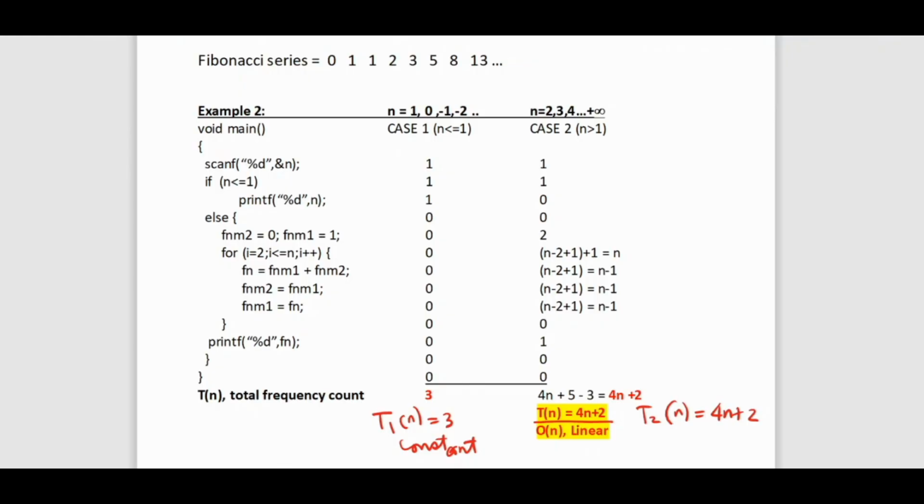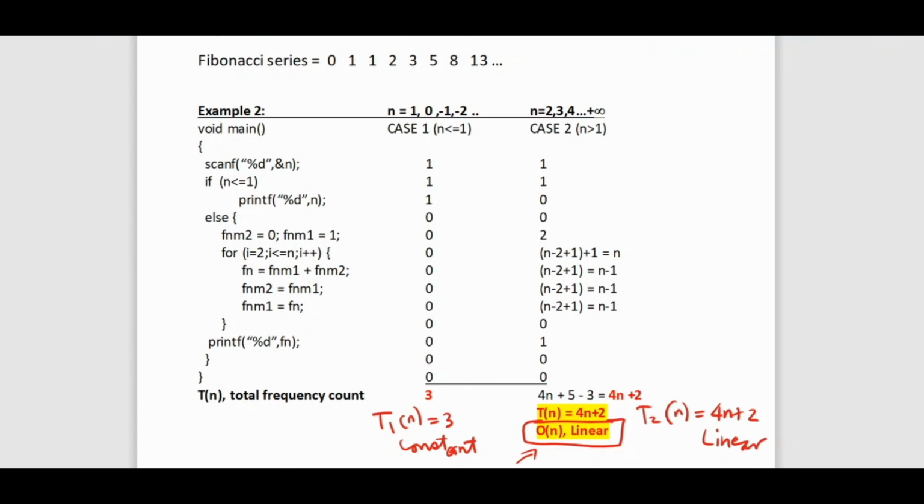And this is a linear running time. Now, the O of n denotes a more general approximation of the running time or the performance of the algorithm that measures not just the time complexity but also the space complexity. And we will discuss that in more detail in the succeeding lectures.